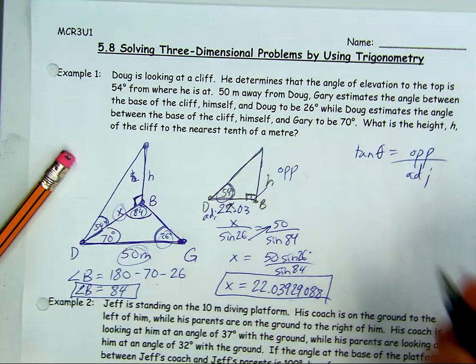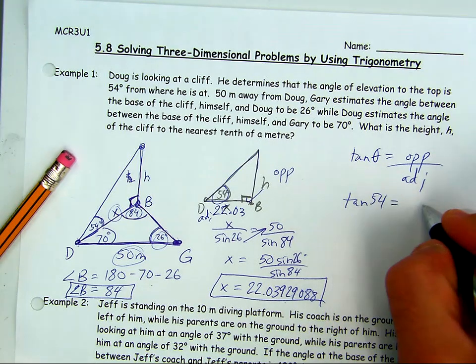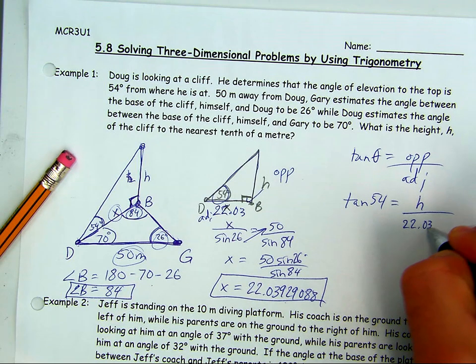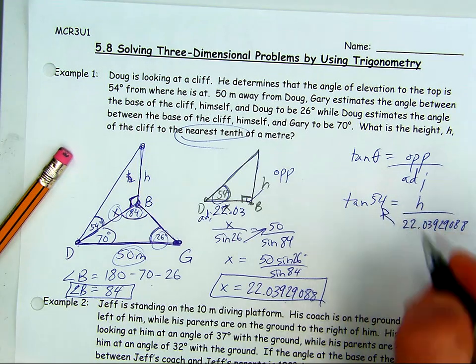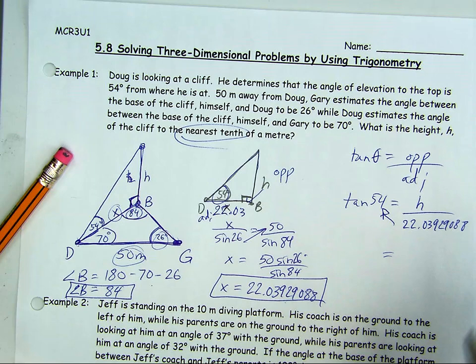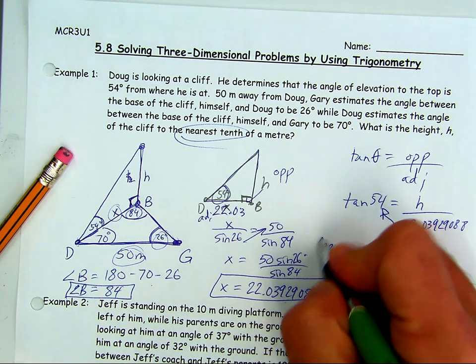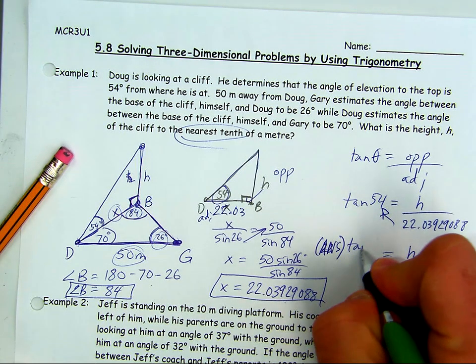So tan of 54 is the opposite, which is height, over the adjacent, which is 22.03929088. I realize it says to round to the nearest tenth of a meter, but that's only the final answer you should round. So h is going to be equal to that answer times the tan of 54.